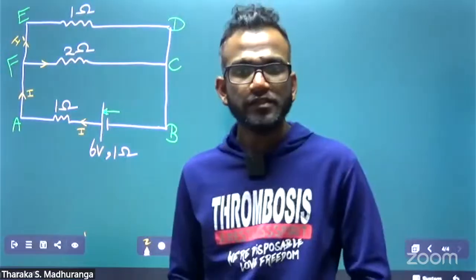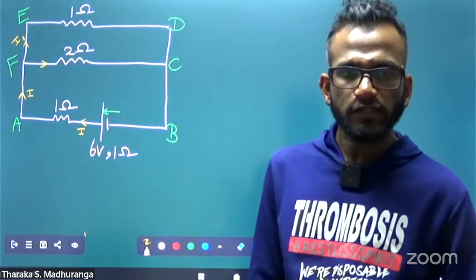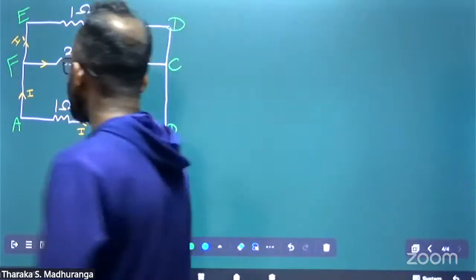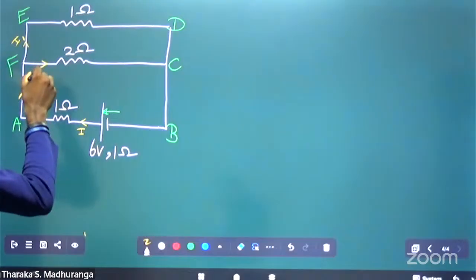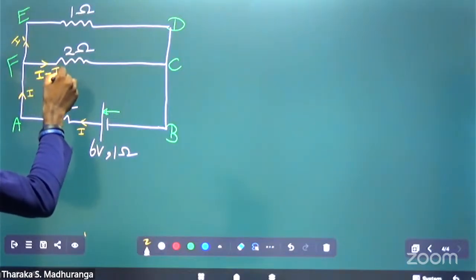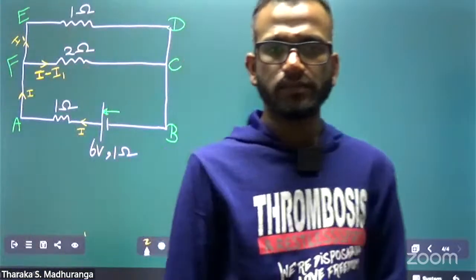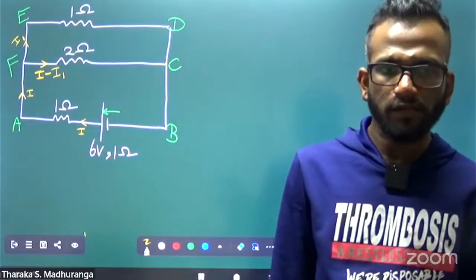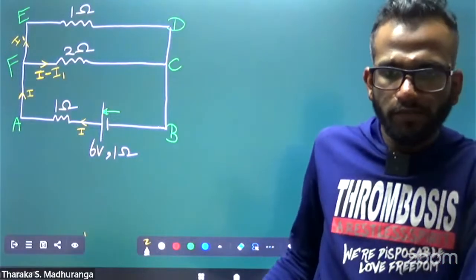Others? F to C current. I2, no, you cannot put I2. According to Kirchhoff's first law, as I explained, it is I minus I1. Okay, it is I minus I1.